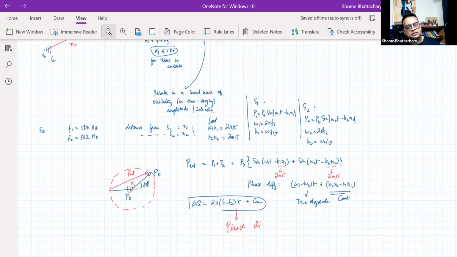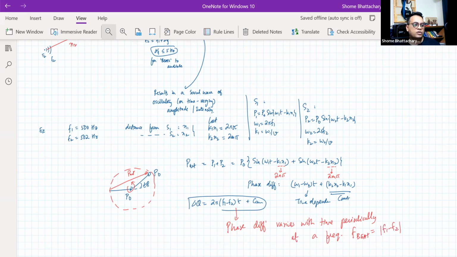So phase difference varies with time periodically at a frequency which we call the beat frequency, which is the difference of these two frequencies, mod of f1 minus f2.